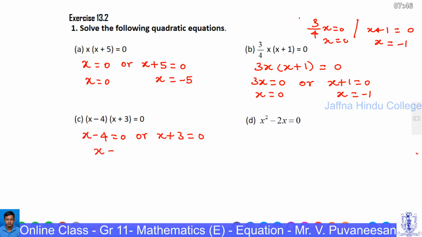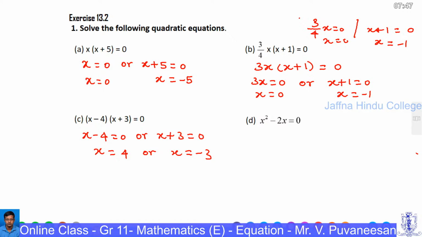From this, x is equal to 4 or x is equal to minus 3. Here 4 and minus 3 are the roots. Sometimes we say solutions, they are the same. In a quadratic equation, we use the word roots. Roots is very suitable, right?